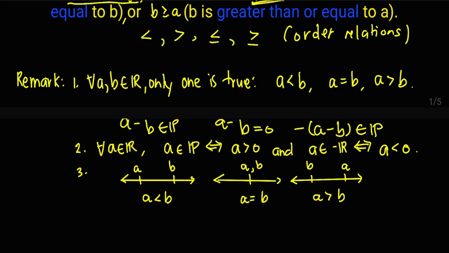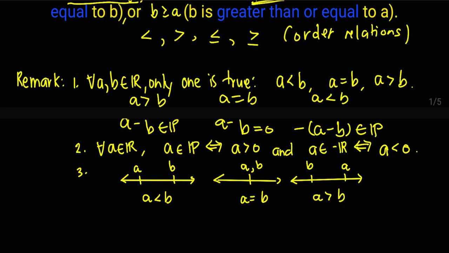If A minus B is positive, then A must be greater than B. On the other hand, if A minus B is not positive, which is the third case, then B minus A must be positive, and that means A is less than B. Or if A minus B is 0, then A is equal to B. So this is another version of the trichotomy property given two real numbers: either A is less than B, A is equal to B, or A is greater than B.